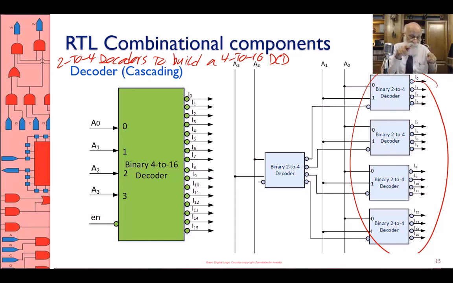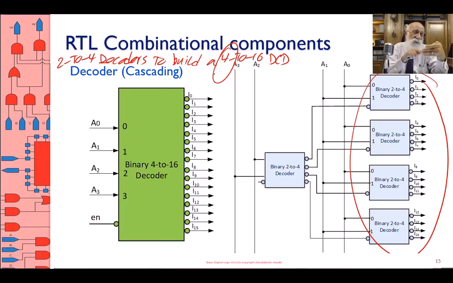All right. That's as far as the output. How about the inputs? Each of the 2 to 4 decoders has 2 inputs. But then a 4 to 16 obviously has 4 inputs. So you take the least significant bits of the 4 inputs.